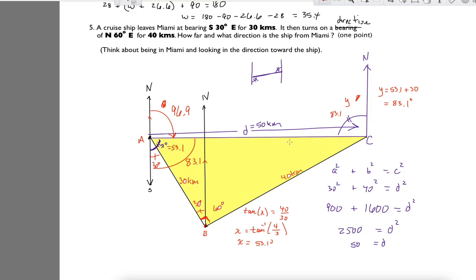So that means that this ship here is south 83.1 degrees east at 50 kilometers away.